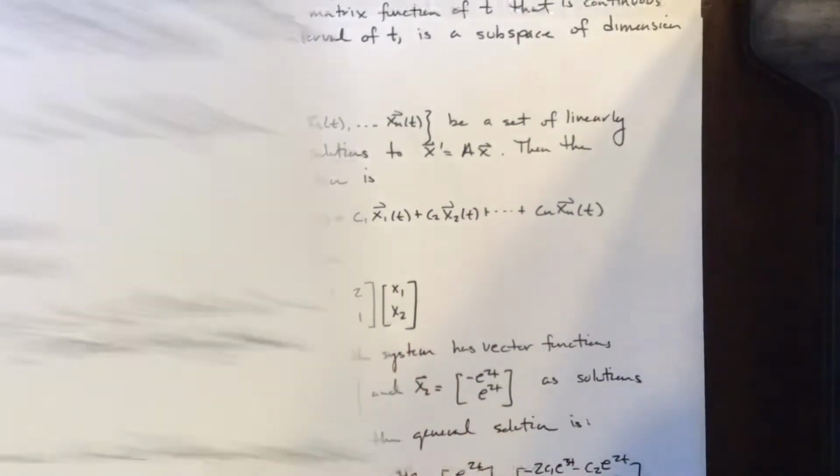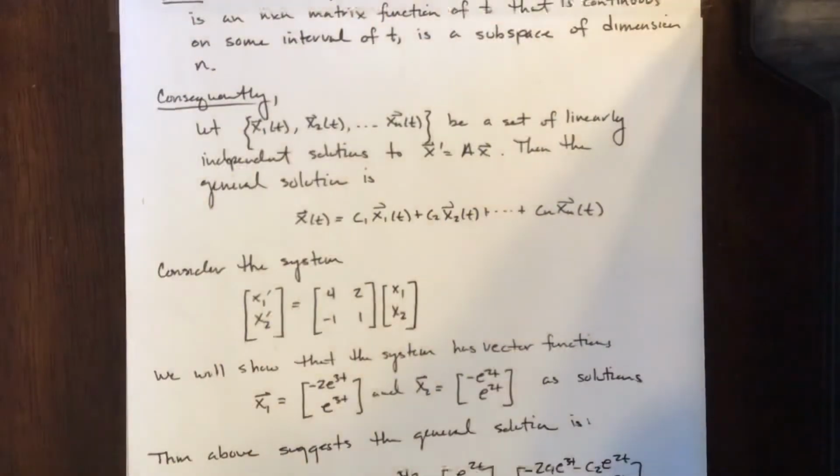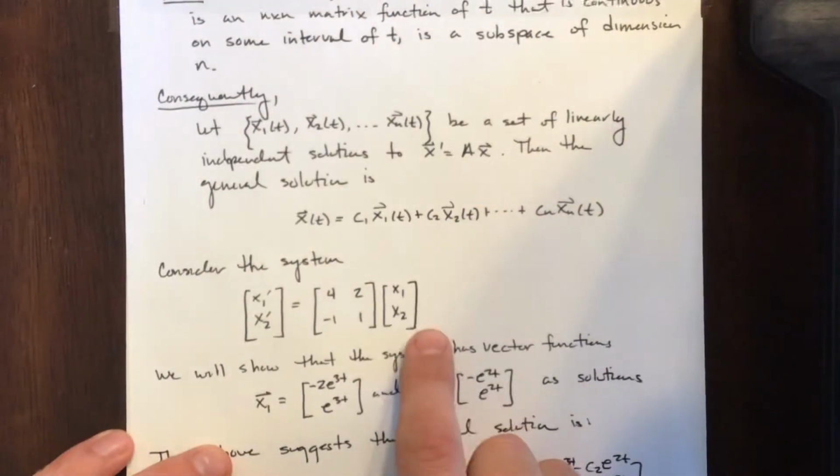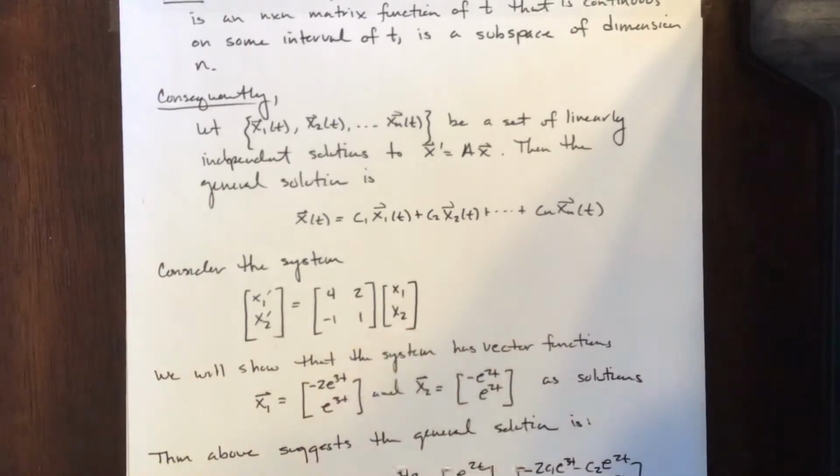Those are simply the coefficients on x1 and x2 in this case, times the vector x1, x2. And this is our unknown vector. It's the vector that contains the solutions to our system of differential equations.